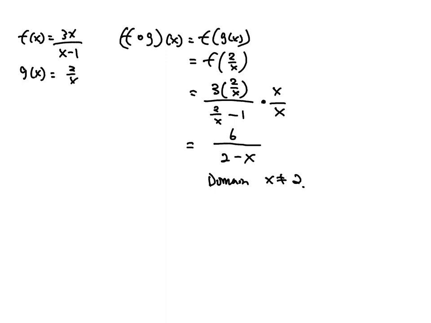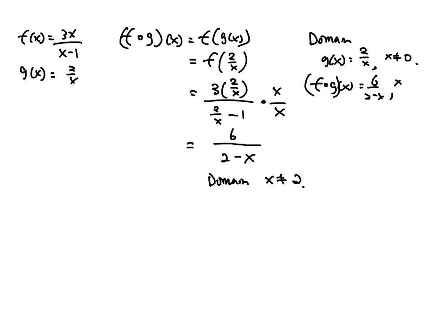Alright, so let's look at our domain. Right, domain of g of x. G of x is 2 over x, which means x cannot equal to 0. F circle g of x is 6 over 2 minus x.